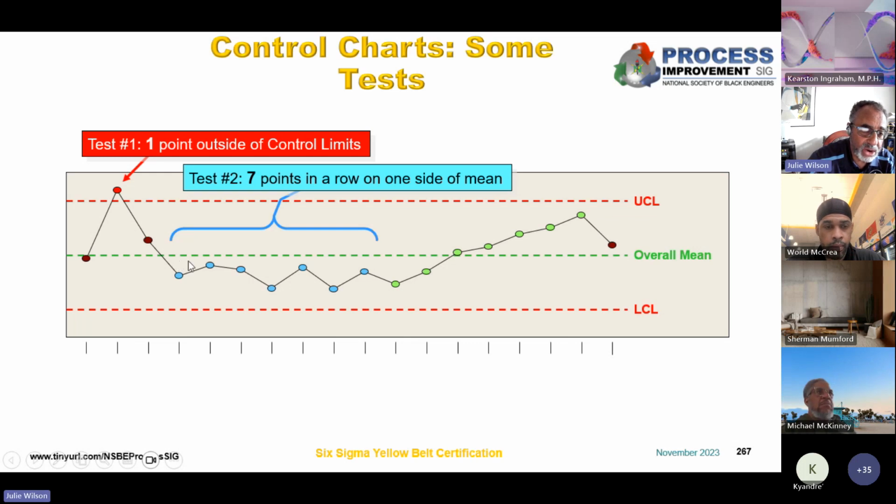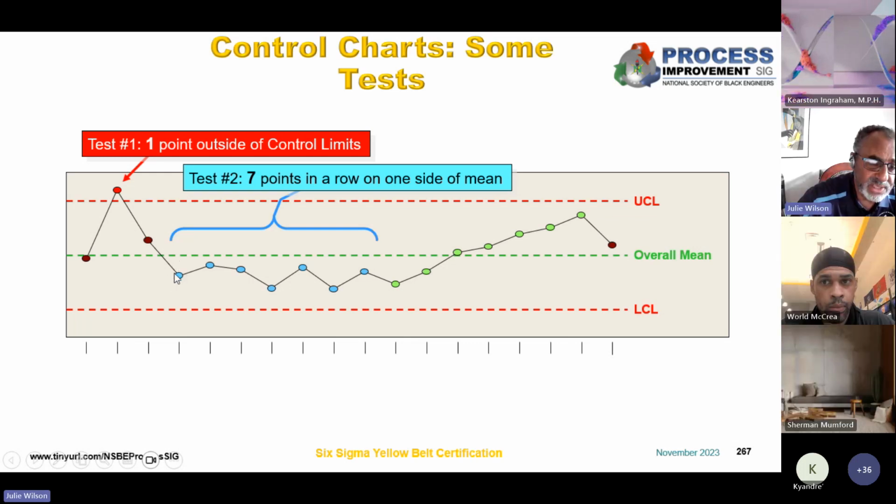What's happened here is you now have a process that consistently runs below average, which is not normal. And it's the result of somebody making a process adjustment back here that caused the process to be stable, but you're now running below average.